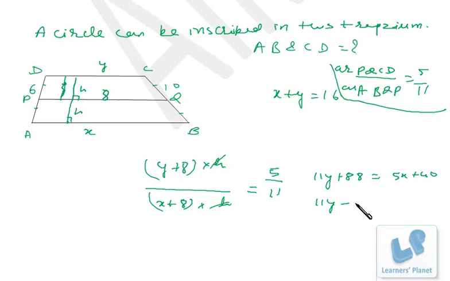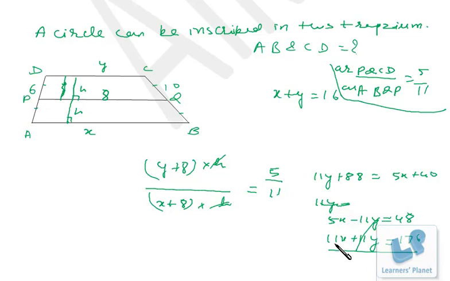So 5x minus 11y is equal to 88 minus 40, or I can say 48. And x plus y is given to us as 16, right? So what I do, it's 11x plus 11y is equal to 176, right?